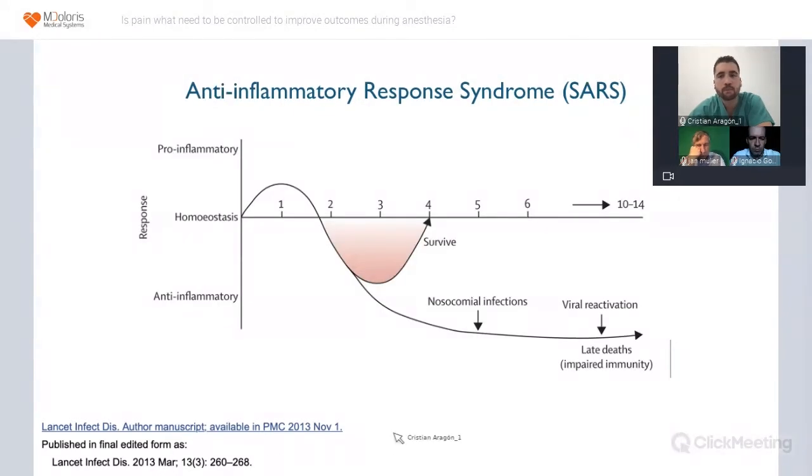And furthermore, if this anti-inflammatory response syndrome is not managed and is prolonged over time, without returning to allostasis, to homeostasis, it may also lead to a state of immunodeficiency or immunoanergy, which may produce nosocomial infections, such as surgical site infection, fatal outcomes, and late multi-organ failure.